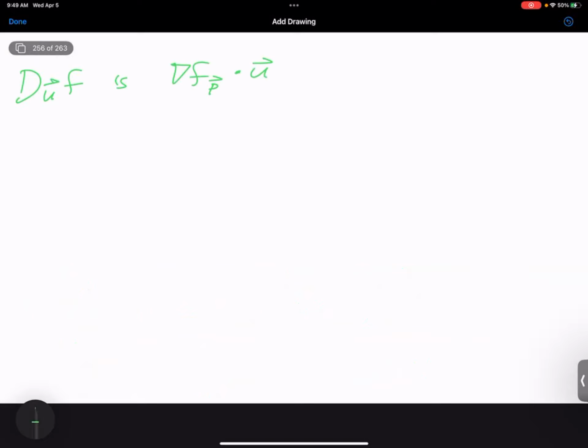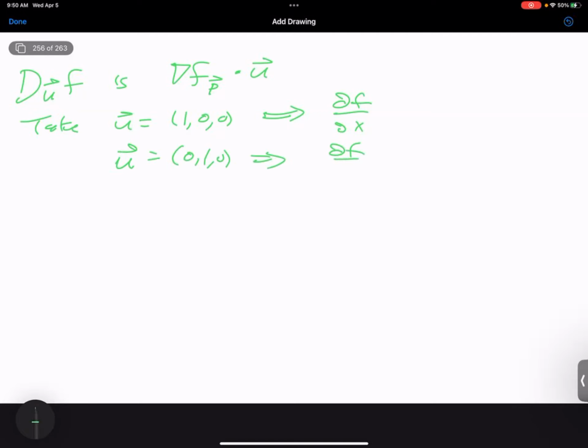Somebody give me a direction we care about. The x-axis. So we could take u to be the vector 1, 0, 0. And that's going to give us df dx. So the directional derivative in the direction of x, not surprisingly, is just df dx. If we take u to be 0, 1, 0, that's going to give us the partial of f with respect to y.